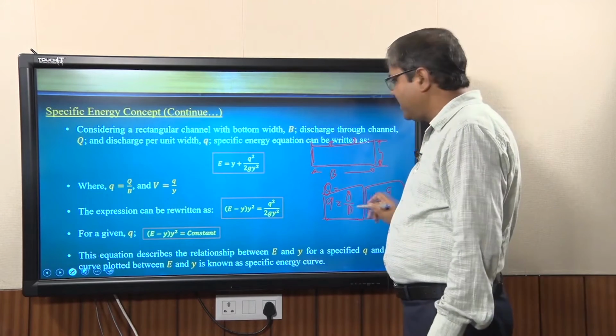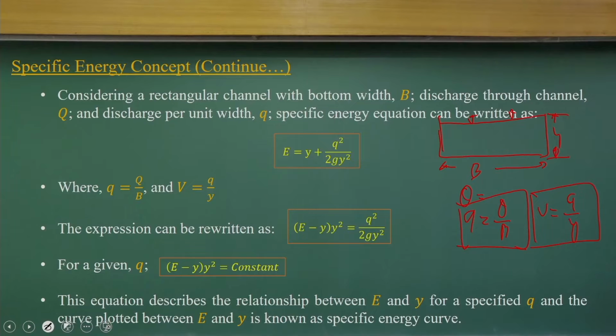If I substitute that, I get this equation, again with some assumptions, writing the specific energy equation in terms of discharge per unit width. In this equation, I have three variables, E, y and q.